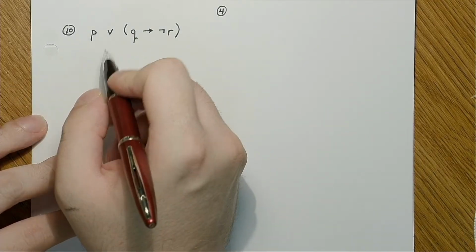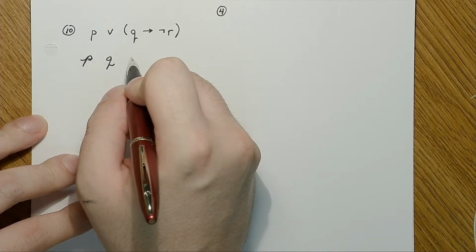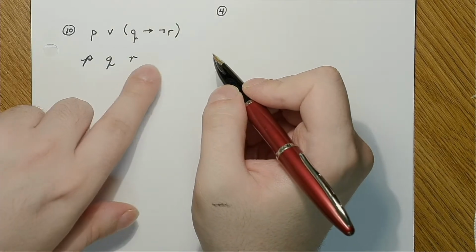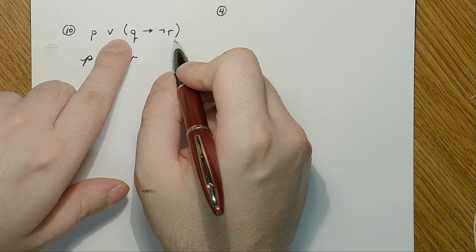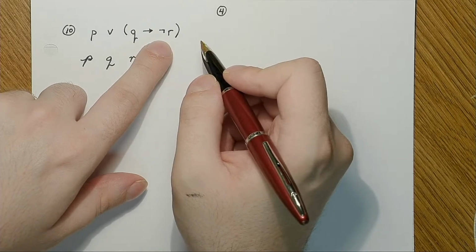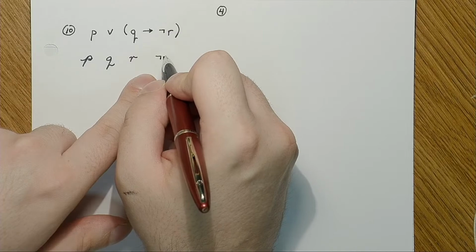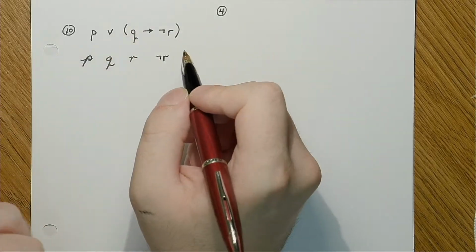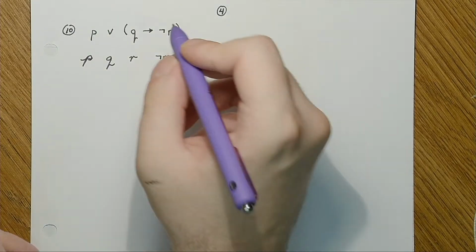Okay, so again, I have three propositions. So I start out with P, Q, and R. Then the next thing that I see, I see the brackets, but I also see inside the brackets there's a negation. So I'm going to do that negation first, so the not R. Then I'll do outside the brackets here. So there's kind of my step here.